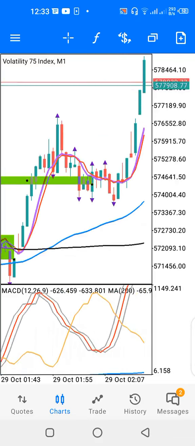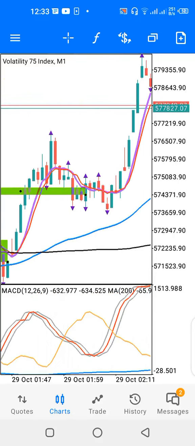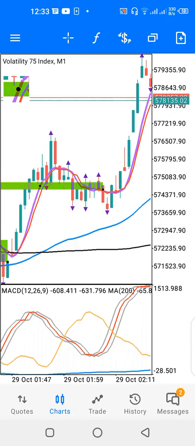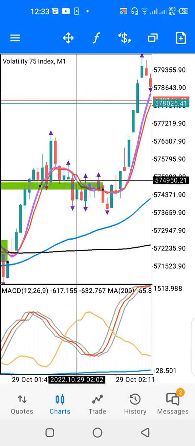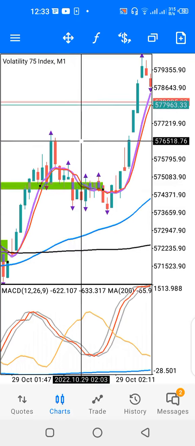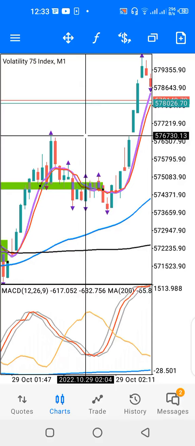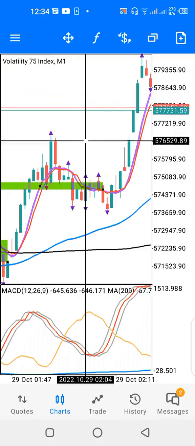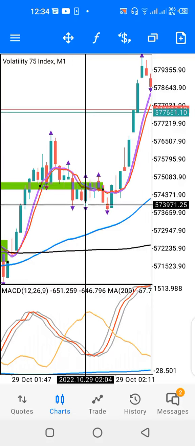All right, so if you scalp sell around there, you can see price went as high. If you scalp sell around here, let's look at the number of points you have made. Okay, 574749 up to 576, around 2,000 points before it retraced.